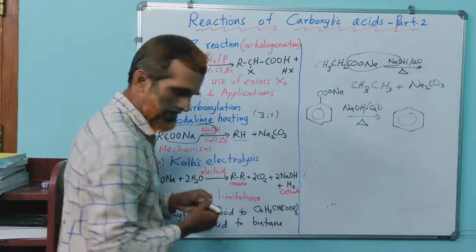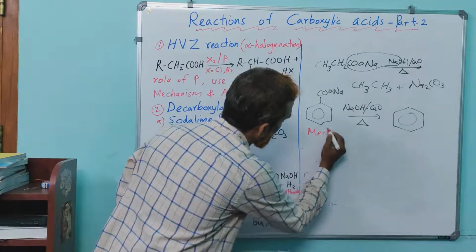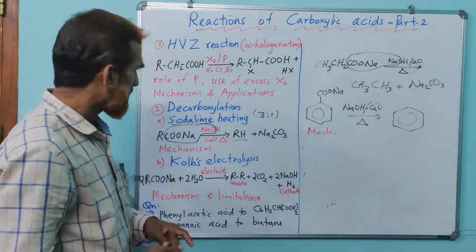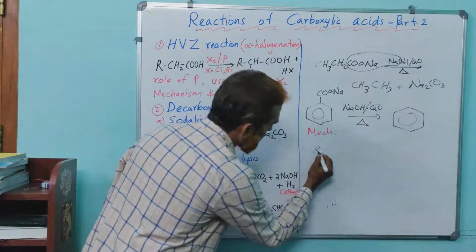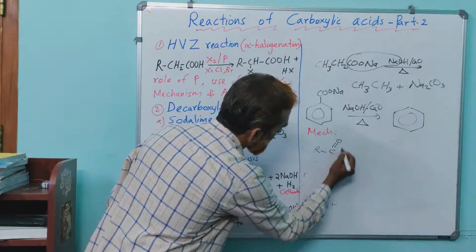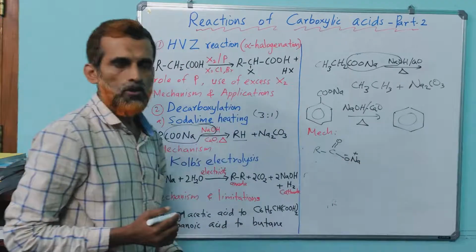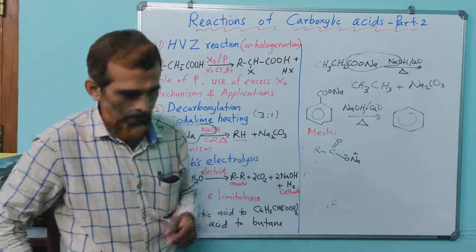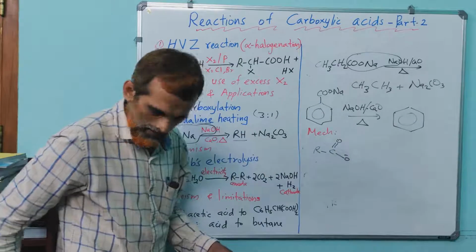Now coming to mechanism. Let us see the mechanism of this reaction. It's a very simple mechanism only, nothing big. See, this is a general reaction. Let me consider RCOONa. So this carboxylate ion takes part in this reaction.